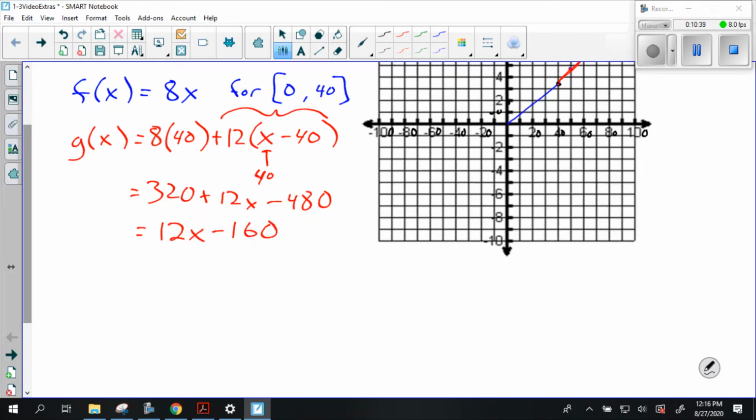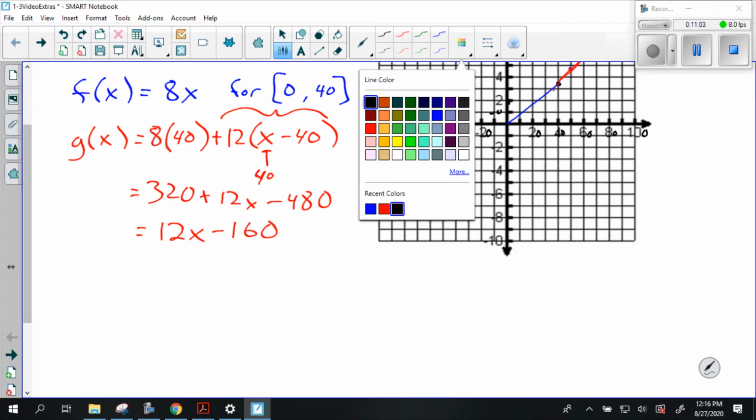If I was to actually follow this line down, it should be somewhere at negative 160, somewhere around there. So that looks better. I like that. What I was doing before works for calculating each of those points like we were doing, but we've got to think a little bit differently when we're coming up with a function.